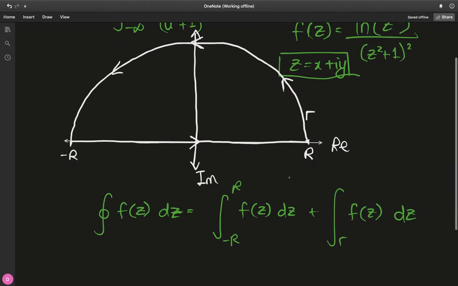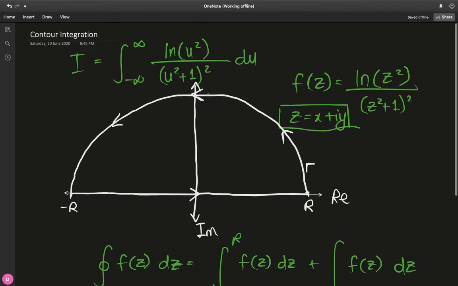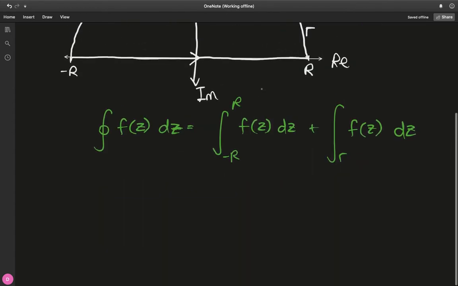So that is essentially our contour equation, and this part, integral from minus r to r, in a limit, we are going to make it look like our I that we started with.